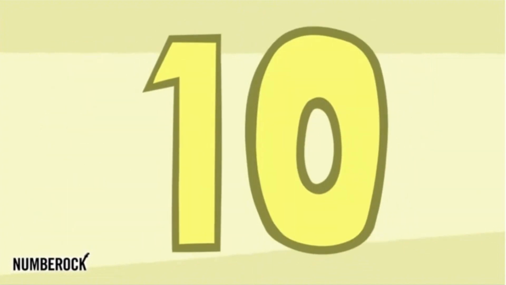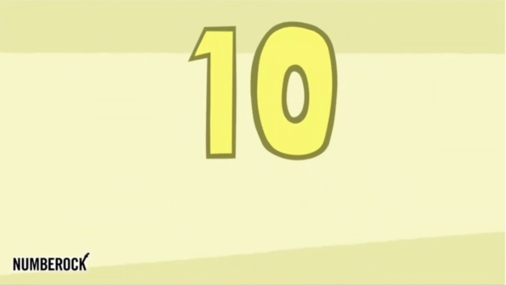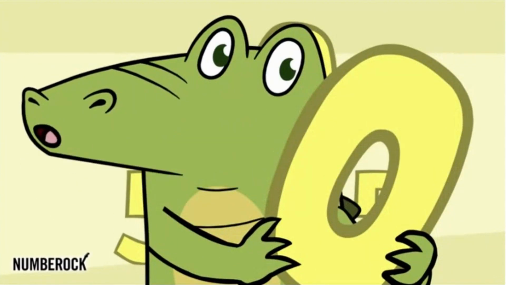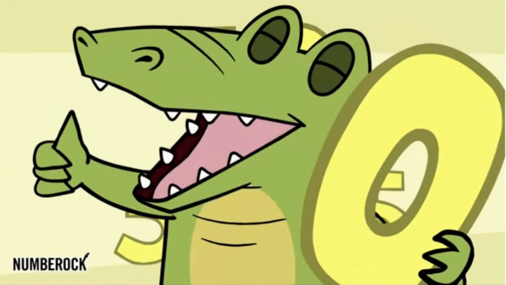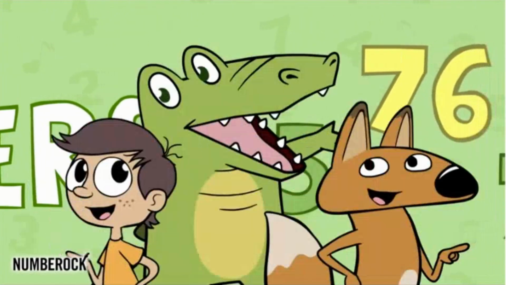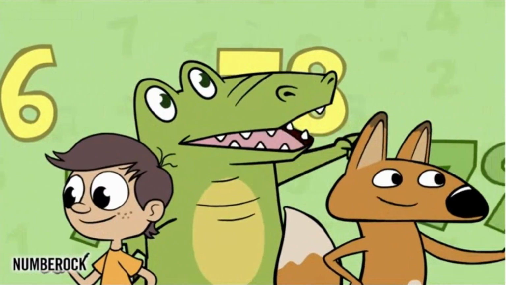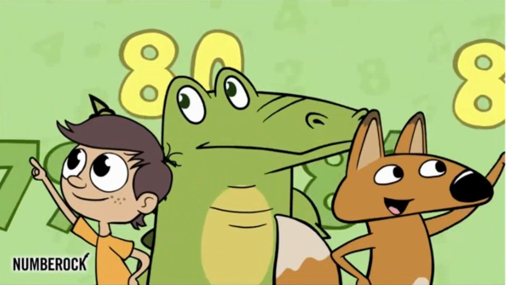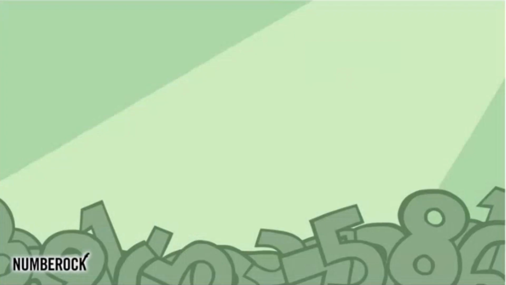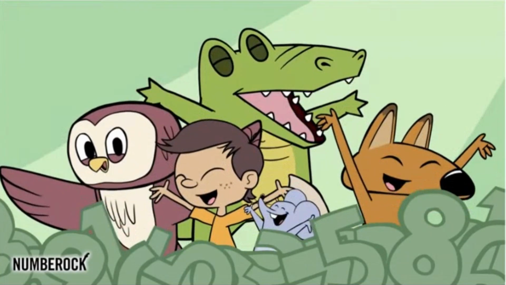For instance, consider the number 10. Let's split it in half and we'll see then. It makes 2 5s and that's a pair. If it ends in 0, an even number's there. Numbers big and small. Today we're gonna count them all. Some are even, some are odd. Won't you join our counting squad?"